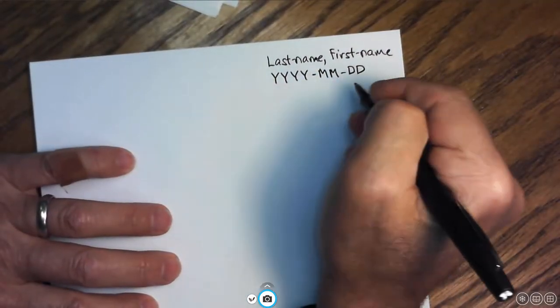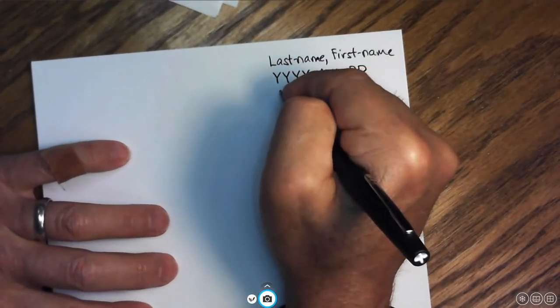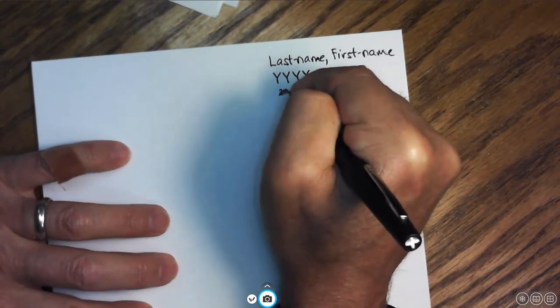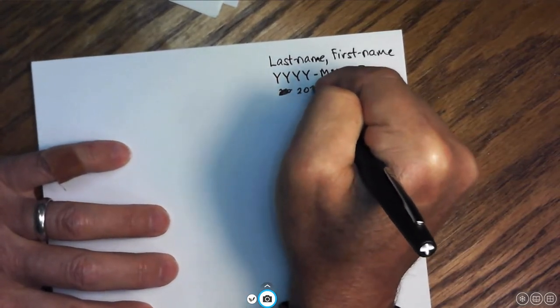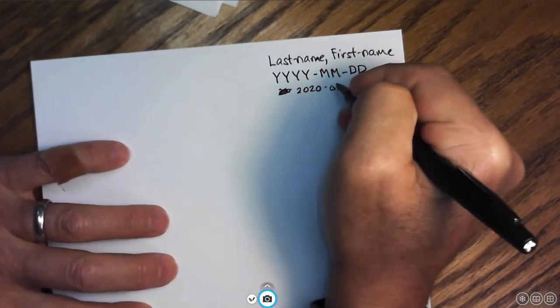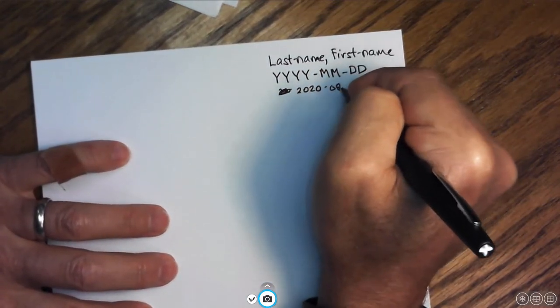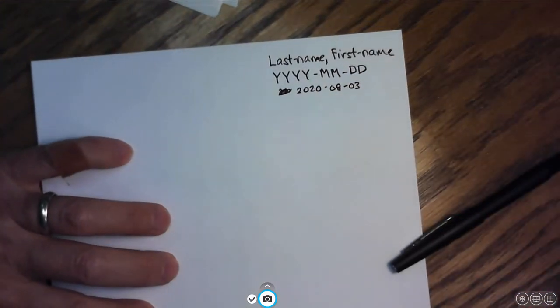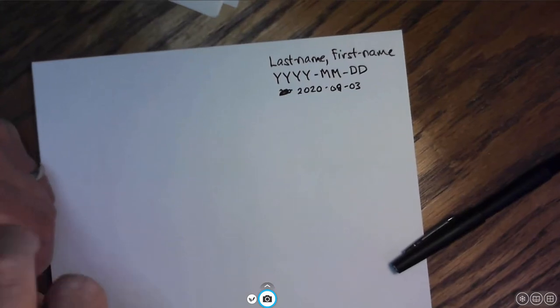So this date, at the time I'm doing this anyway, is 2020, I'm sorry, this is 2020-09-03, okay? So that's just an example of the date format.